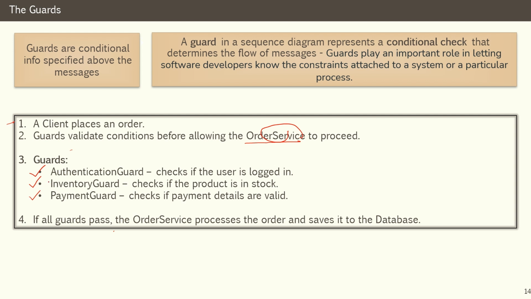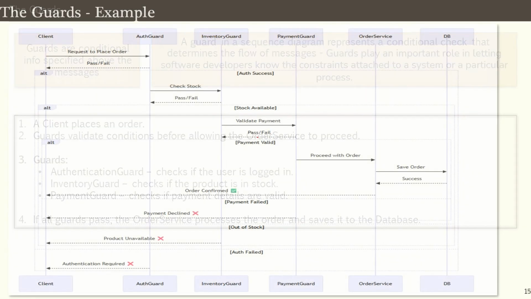So these three guards are all checked before the order service is serviced. So this order service will be called only if all three mentioned here are processed, so that the order service will be executed and the data will be saved into the database. That's another object.